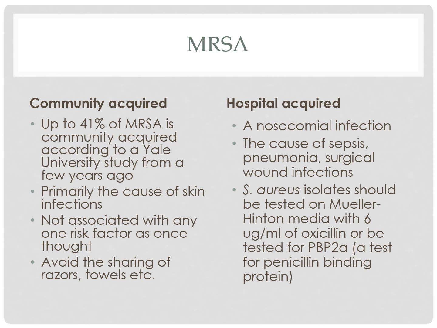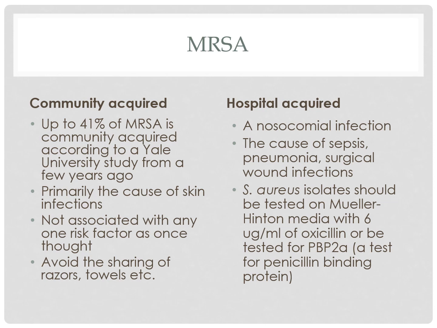They can be a primary cause of skin infections, and they're not associated with any one risk factor as once thought. One way that you can prevent the spread of MRSA in a community is to avoid sharing things like towels and razors. Okay? Like I said, the hospital-acquired MRSA can happen about 14% of the time.